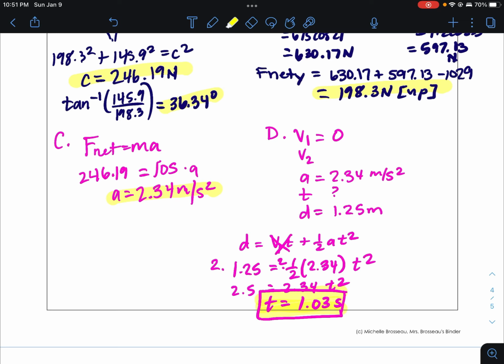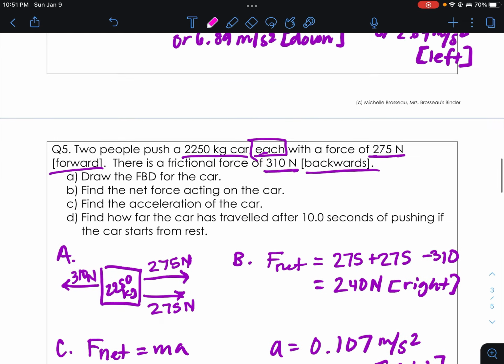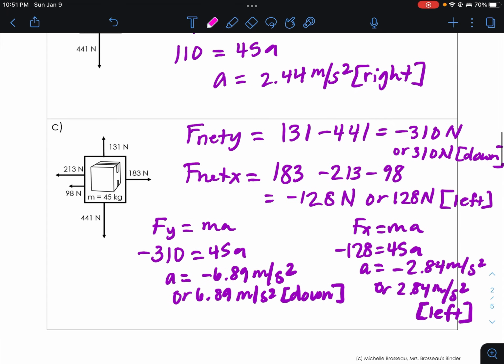Now, technically, based on the way we did number 6, you could go back to number 4 and set that up on a triangle as well. So looking at the overall, we got 128 newtons left, and then we had 310 newtons down.